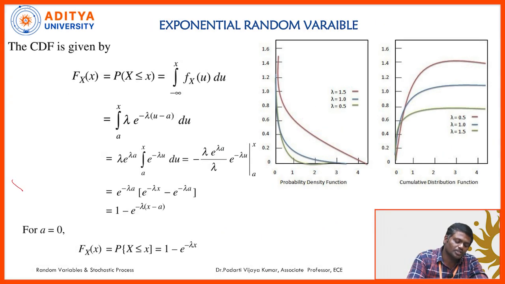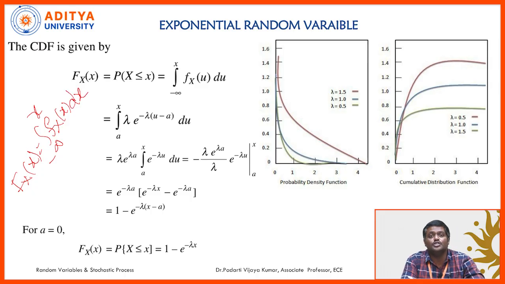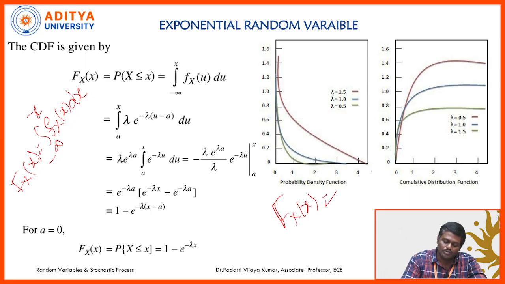The distribution function can be obtained from the density function by doing the integration. Integration of the exponential density function gives the exponential distribution function. After doing the integration, when x is less than a, it will be 0.